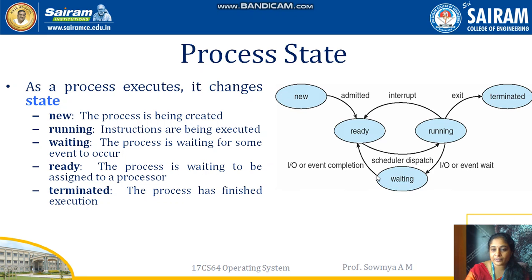Once the input output event is completed, it will go back to ready state, waits for CPU for execution. Once CPU is allotted to the ready state and it goes to running state, if it completes its execution, then it calls exit function and goes to terminate state. A process which has successfully completed execution will go to terminate state.